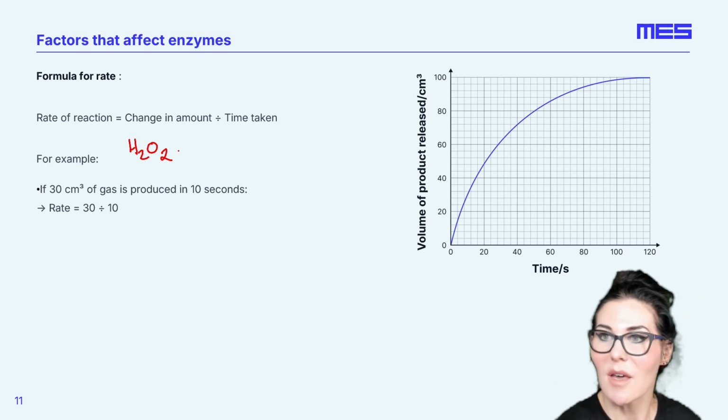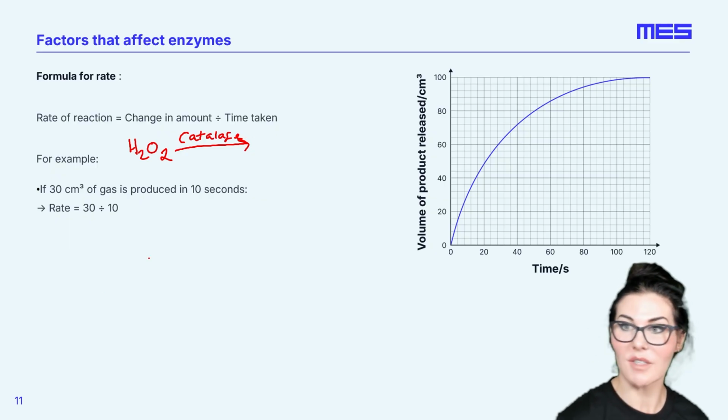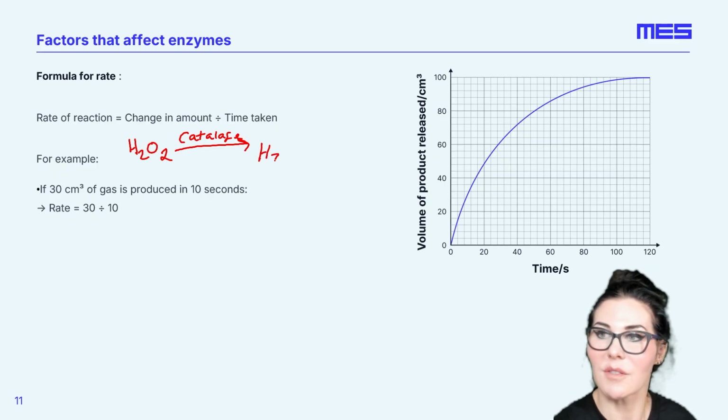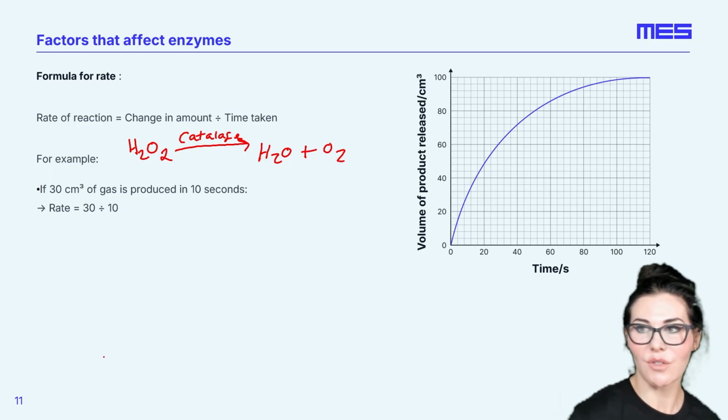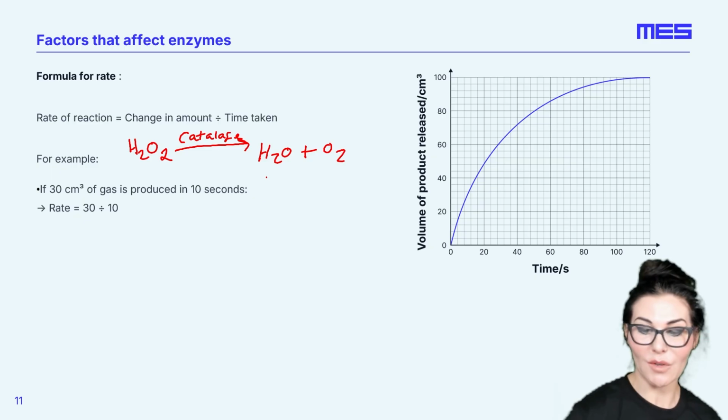But it's okay, because our cells have enzymes called catalase enzymes, which break down the hydrogen peroxide into harmless products, water and oxygen.